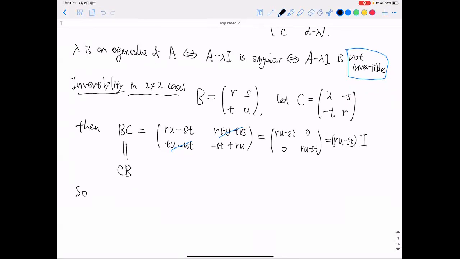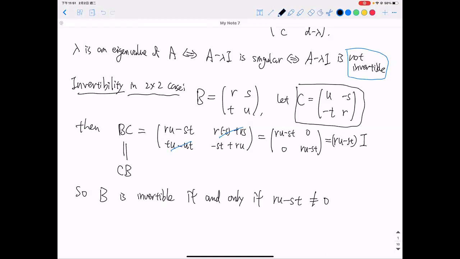So B is invertible if and only if RU minus ST is not equal to 0, right? If RU minus ST is not equal to 0, then we can divide the matrix C by this number.